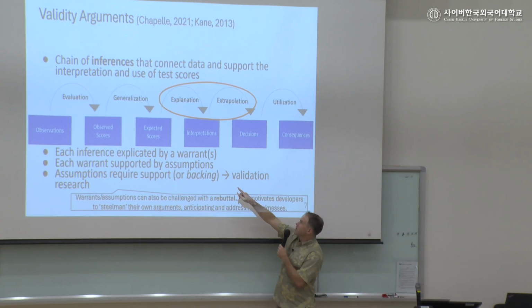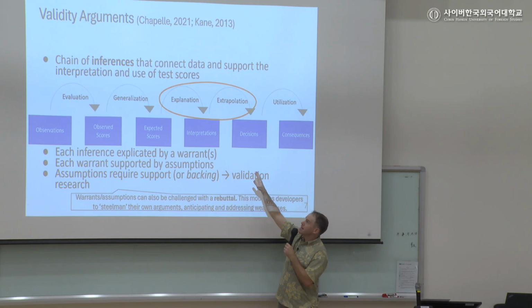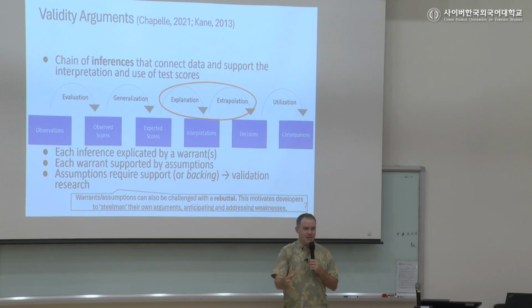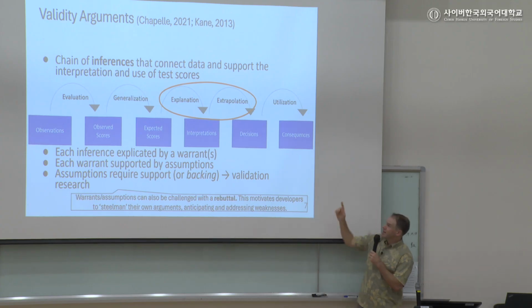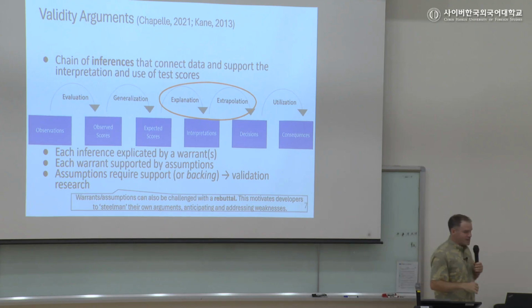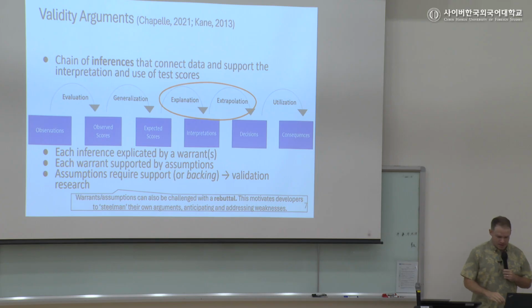But then if we find weak or no evidence that how people perform on the test is related to how they do in academic settings in real life, the whole argument gets a lot weaker. And we can say, actually, that inference is not well supported, and in turn, maybe this test shouldn't be used in the context that we thought we could use it in. Okay? And there are further inferences that have to do with the consequences of test use, but I'm going to skip over those today because I'm focusing on construct-related ones, particularly extrapolation.